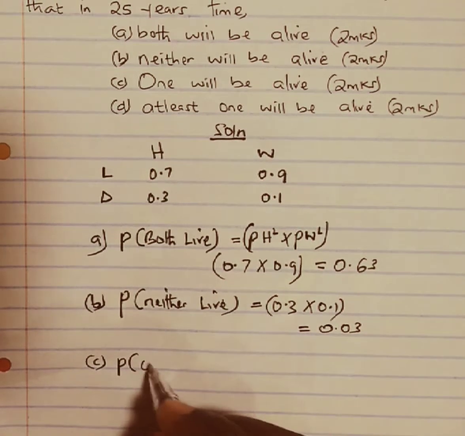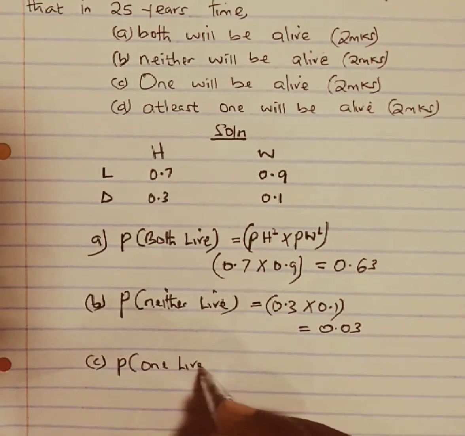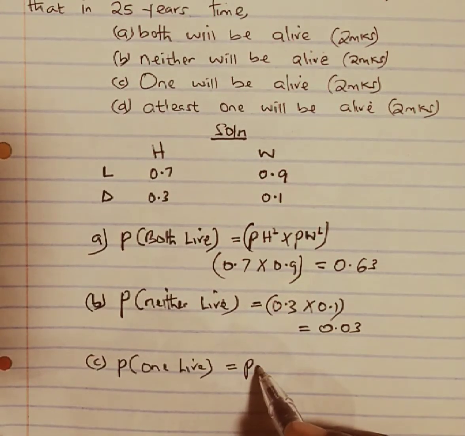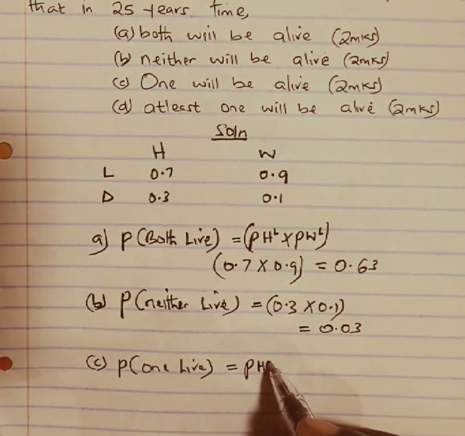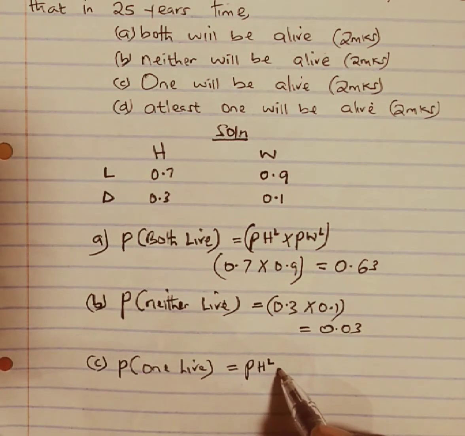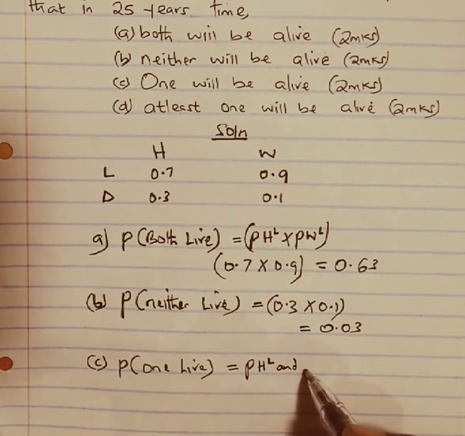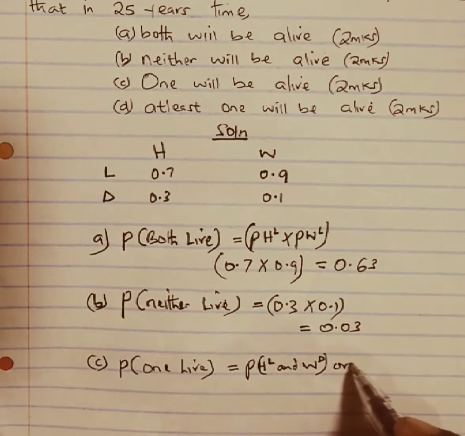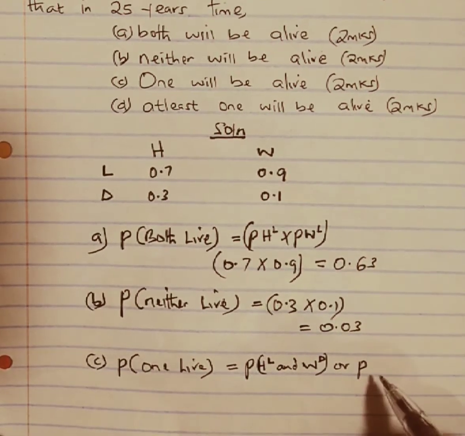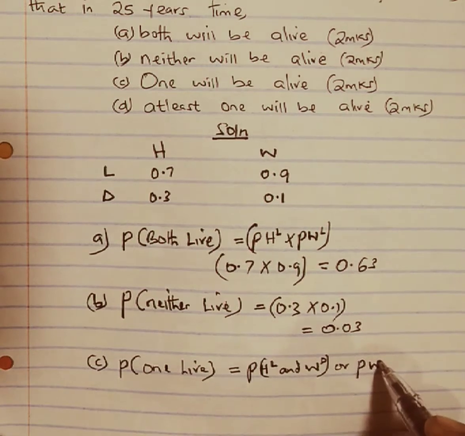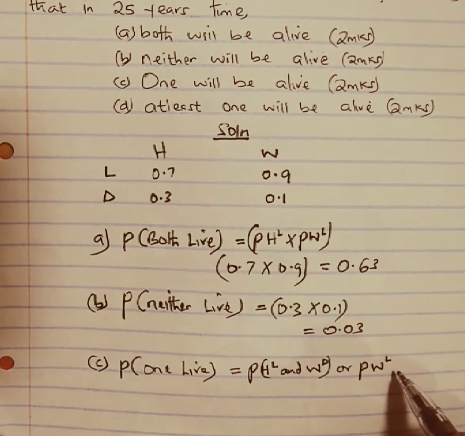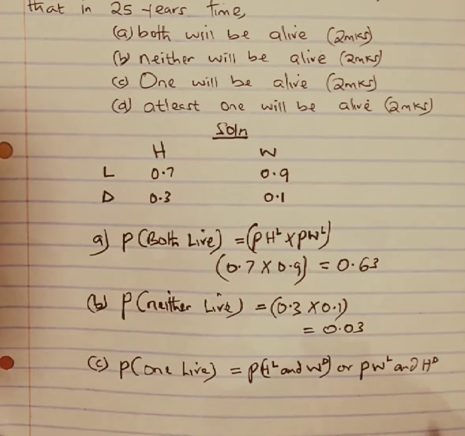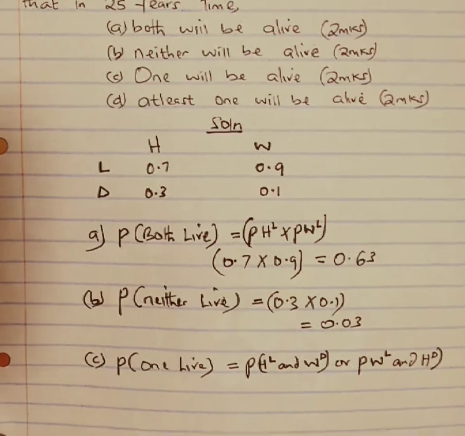Probability that one will live will be equal to the probability of the husband living and wife dying, or it could be that the wife will live and the husband will die. That is what it means.